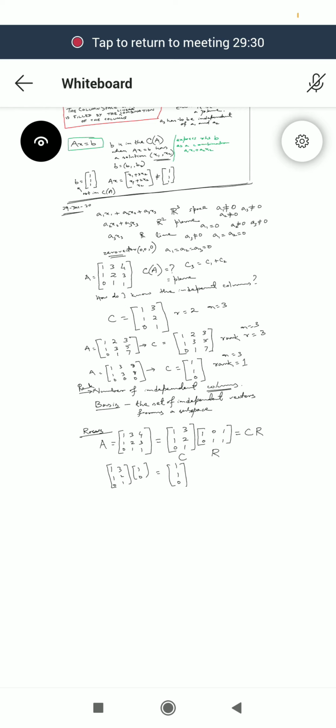Similarly, when it is multiplied with the second, the answer is 3, 2, 1.